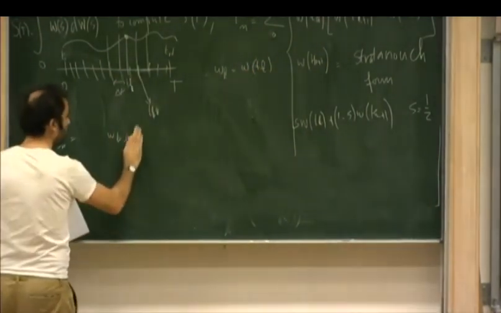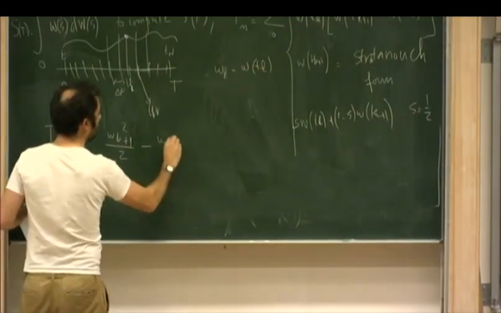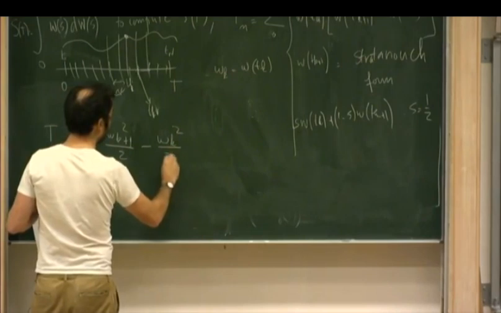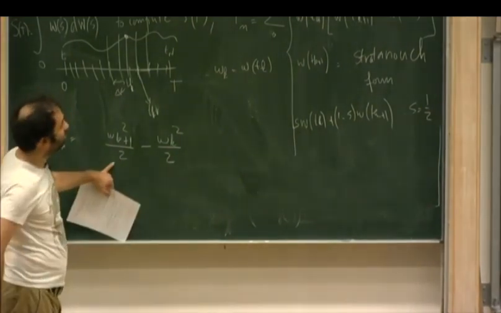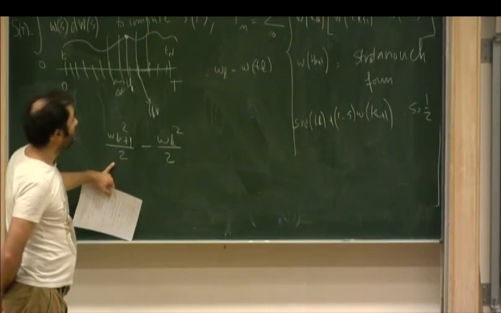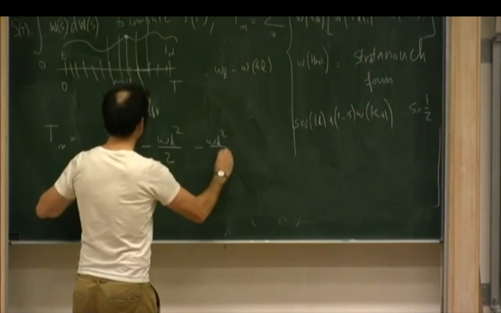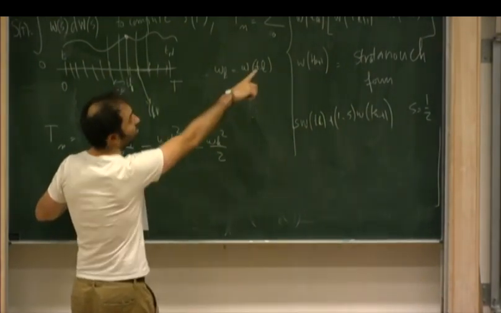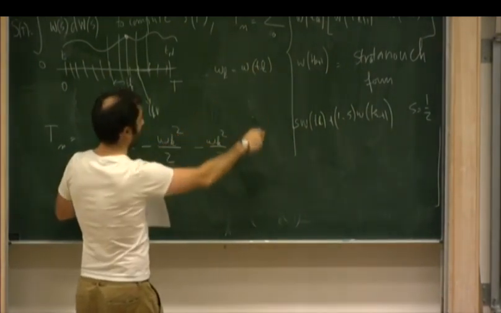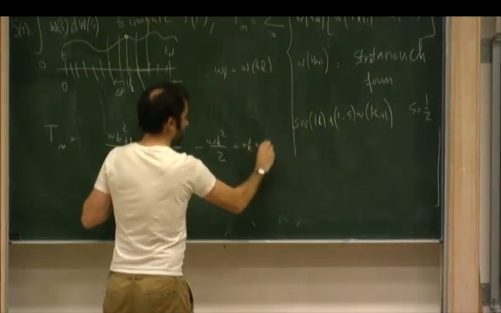So omega k plus 1 squared minus omega k squared. So if I do this, I am left with 1 minus omega k squared divided by 2, so that it is minus 1. We are left with omega k plus 1.